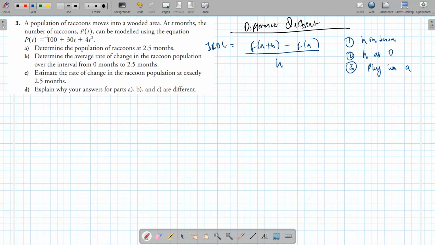So here, this will be slightly tricky. If P of t is 100 plus 30t plus 4t squared, what's P of a plus h? You want to replace all the t's that you have with a plus h.